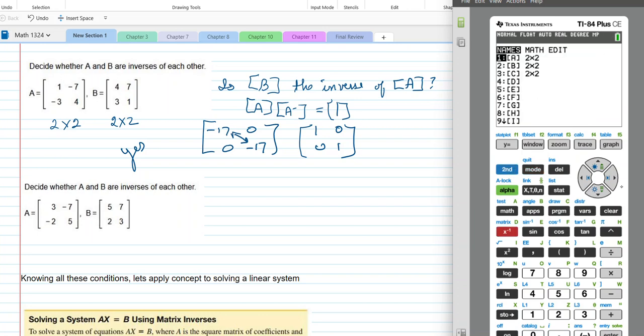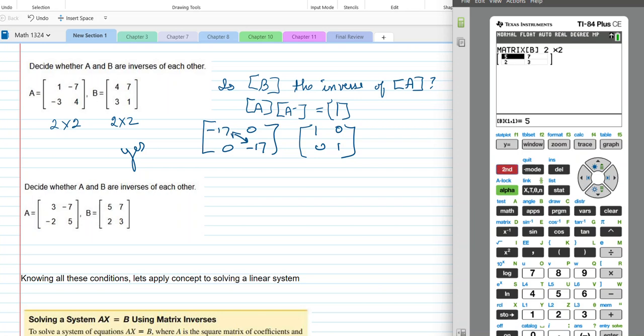Second matrix, edit, and I want the B. I probably messed up on the B. Yes, I did. And that was when the pen was acting up. Okay. 5, 7, negative, oh, and it's just 7. Just normal 2, and 3. So it just didn't work during that time, I guess.